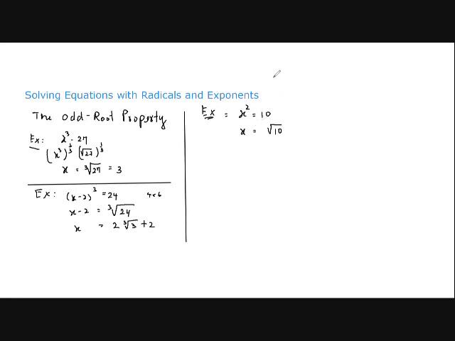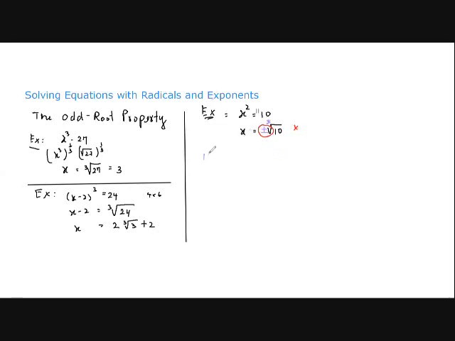Wrong. If you write it this way, it's wrong, because you must have a plus-minus sign. The power is even, so the root is even. We need the plus-minus sign, so don't forget this. You need plus and minus.